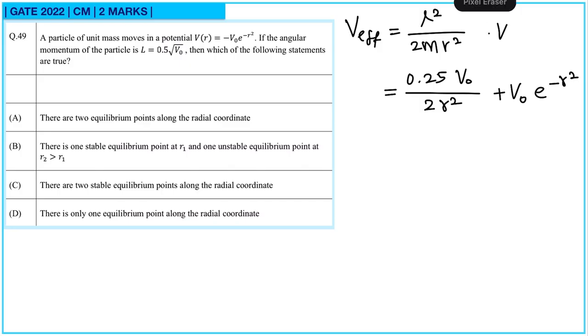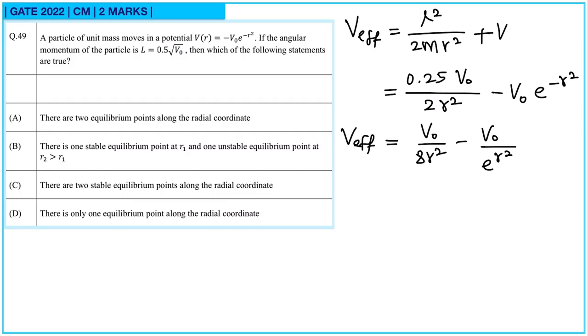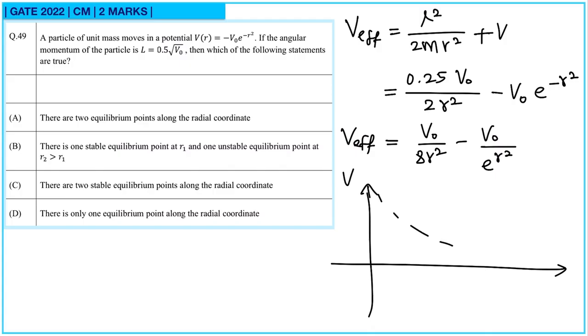Sorry, this is minus v naught e raised to minus r square. So this is 1 by 4, 1 by 2, so v naught upon 8 r square minus v naught upon e raised to r square. So this is the potential. Now if we plot it, this will look like this. First part is r square, so it is 1 upon r square, so it will look like this.